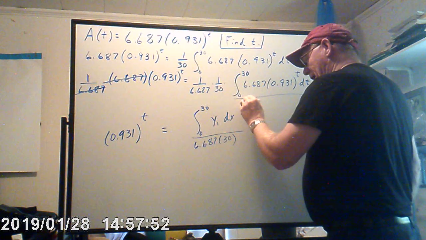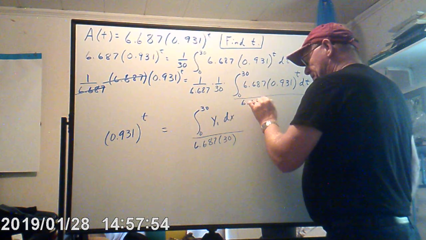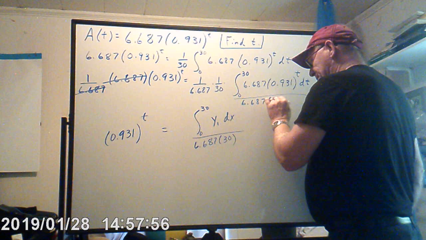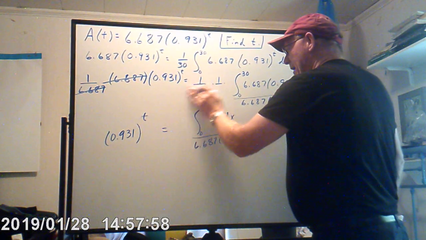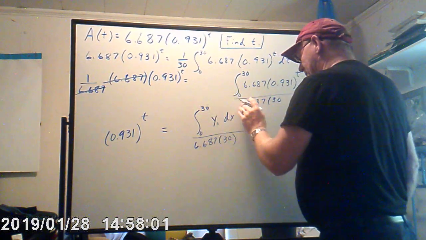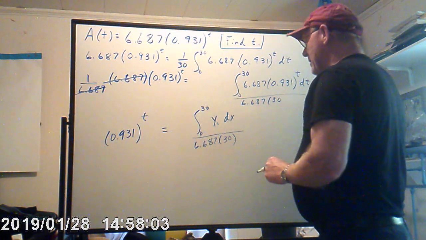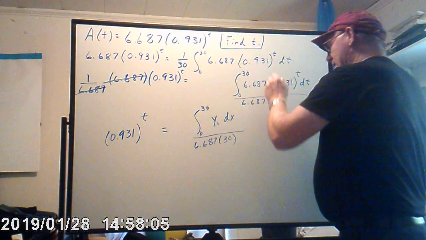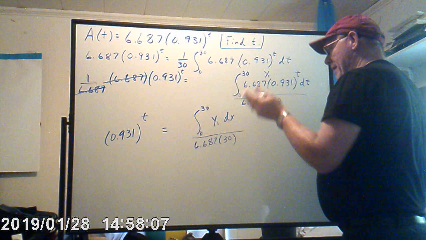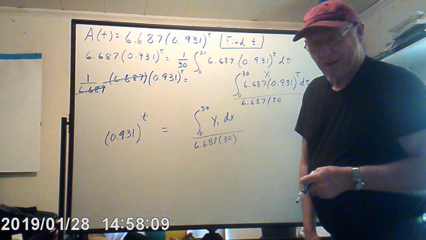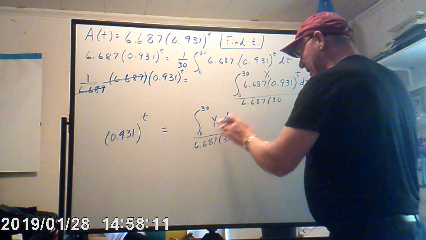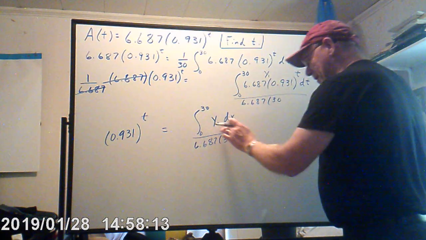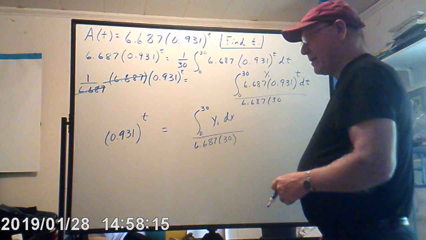You could write it like this, and that's the equivalent of this. And now I don't need that. I just put this in the denominator like that. Then I call this y sub 1, and in my case it's y sub 0, but either way, if this is y sub 1, now you can call that up.